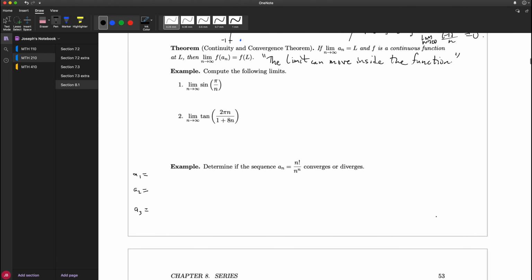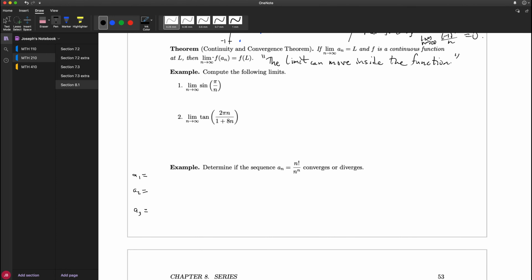Moving down here to the second half of the page, we have this theorem about continuity and convergence. It essentially says that just like in Calc 1, in most cases the limit can move inside of a function.